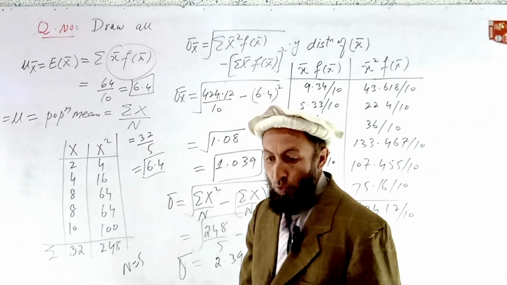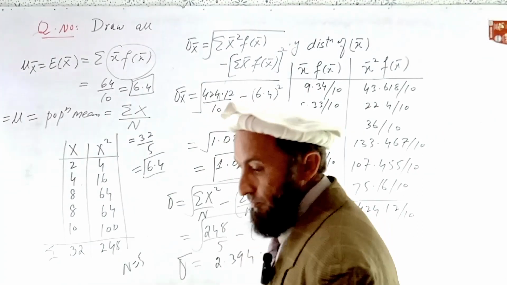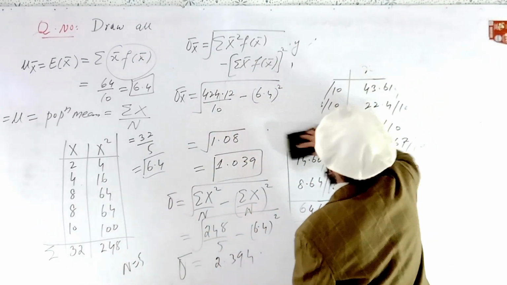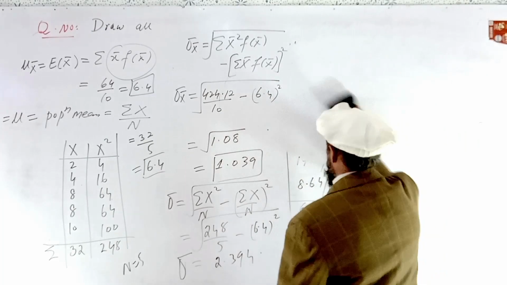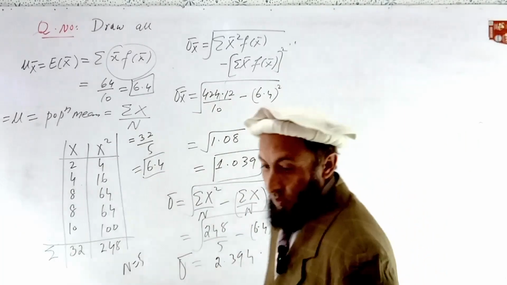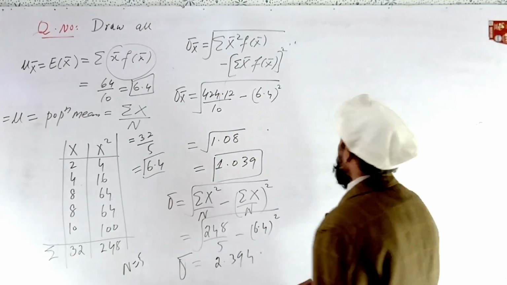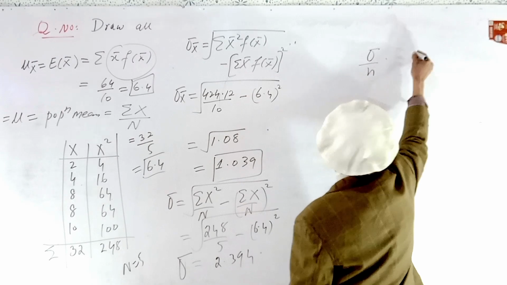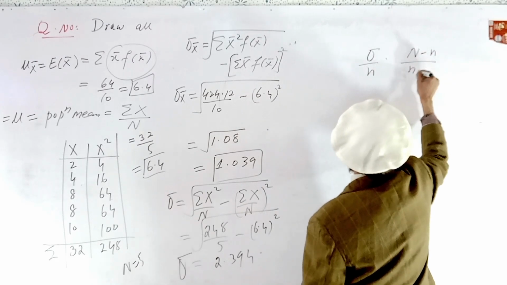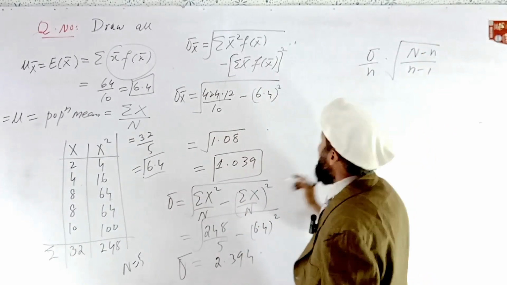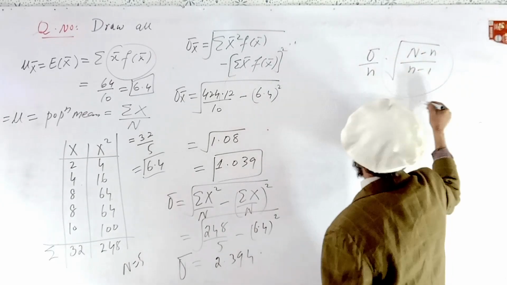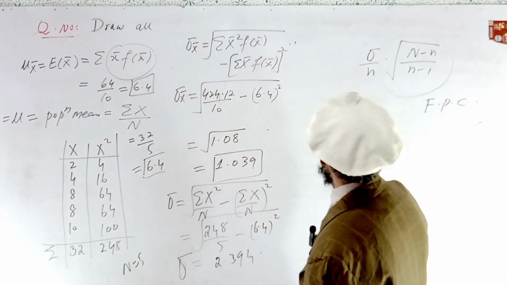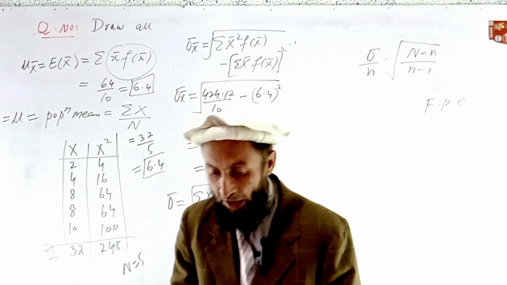Now we want to verify the result. We want to verify that sigma x bar is equal to sigma divided by the square root of n, times the square root of N minus n divided by N minus 1. This is called the finite population correction. We use this factor in the without replacement case.